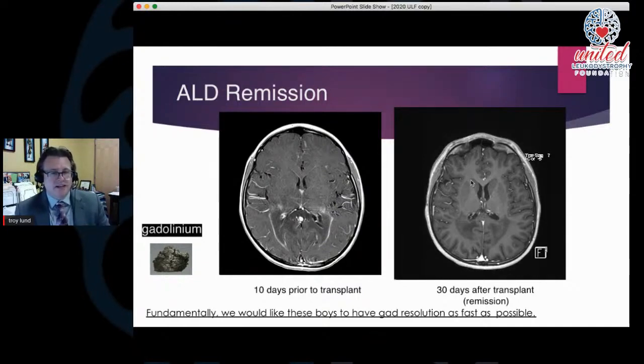And in this case, since we use MRIs as our tool to detect disease, in our practice, the first MRI is 30 days after transplant. So that's kind of the baseline, or what I'm going to pin the study on, is 30 days after transplant. Certainly, we'd like it to go faster, but logistically, we don't get MRIs, for example, every week after transplant.